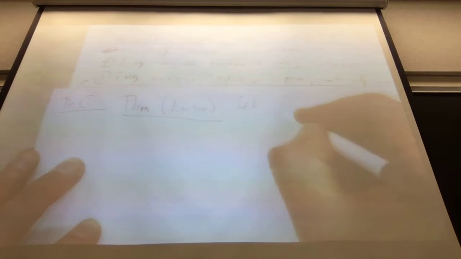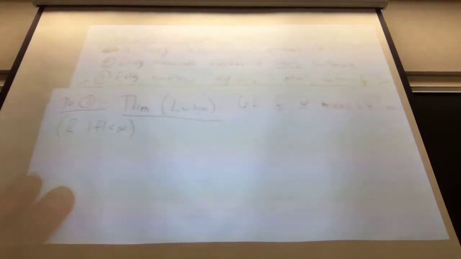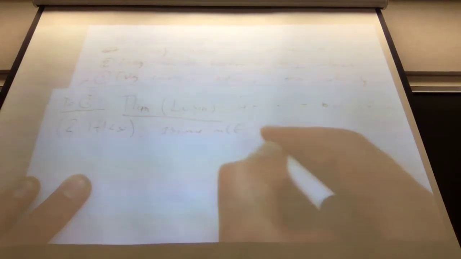Let f be measurable on E and finite valued. And just to make life simple, assume, again, that the measure of E is finite.